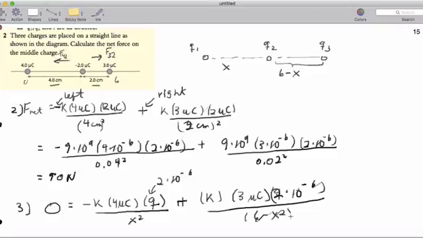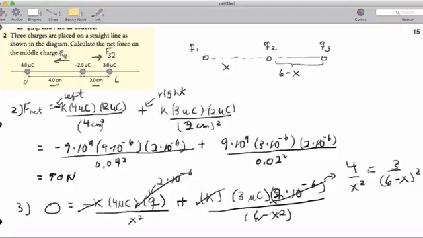Now here's what's going to happen next. There are some things that cancel because this equals 0. I can cancel out k. I can cancel out this charge here. So I end up getting an equation that looks like this. I'm going to get 4 over x squared equals 3 over 6 minus x quantity squared.